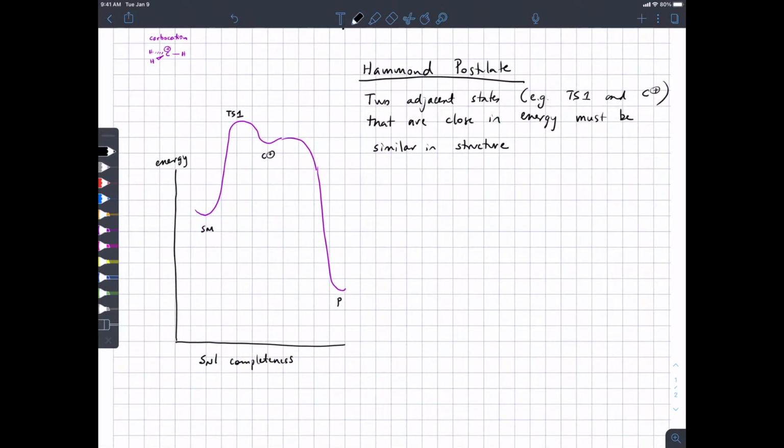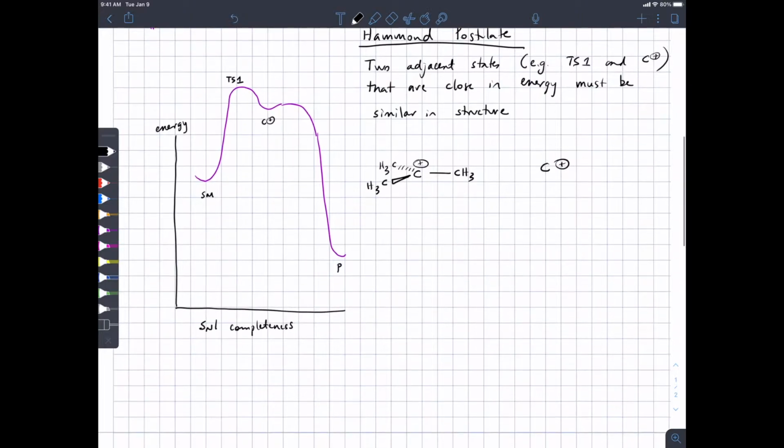Well, let's think about the structure of a carbocation. Since we're talking about SN1 reactions, let's let our carbocation be a tertiary carbocation. So this is the intermediate. Now let's consider what the transition state looks like.